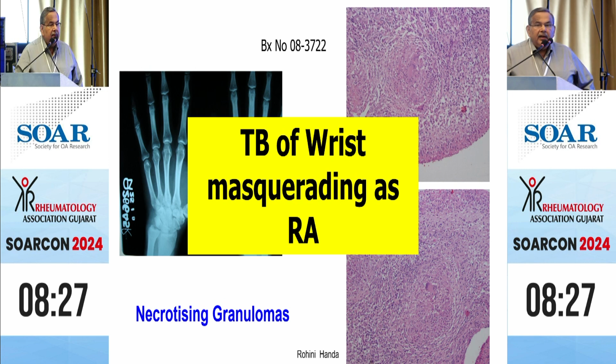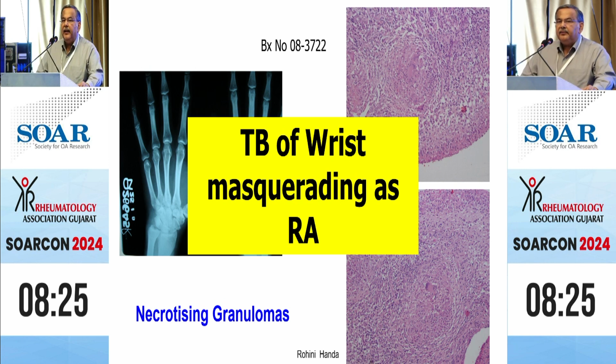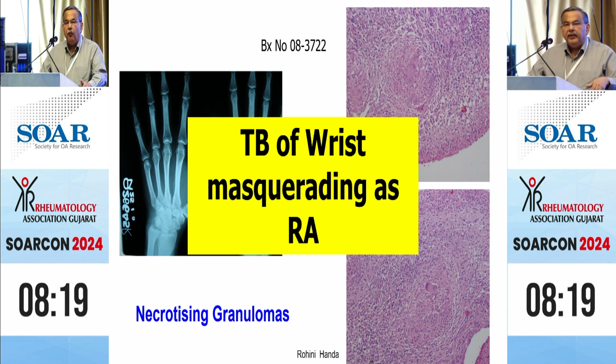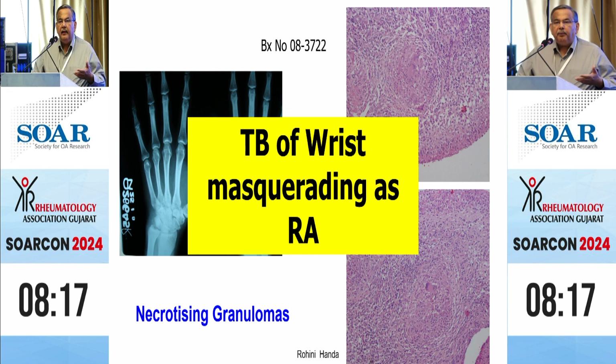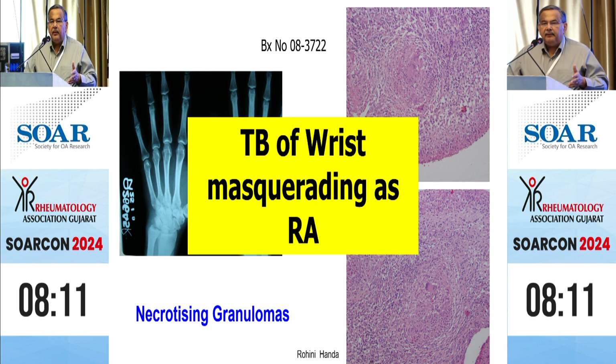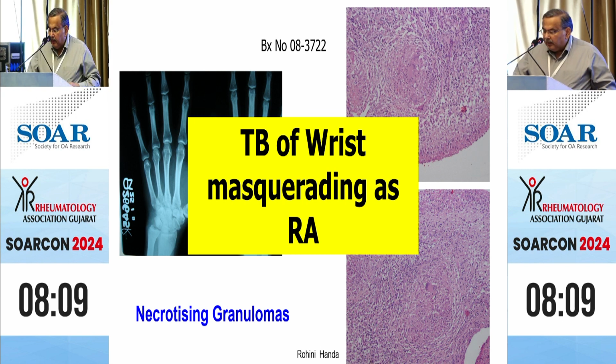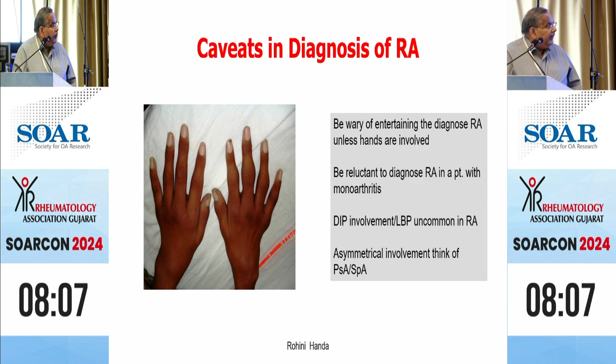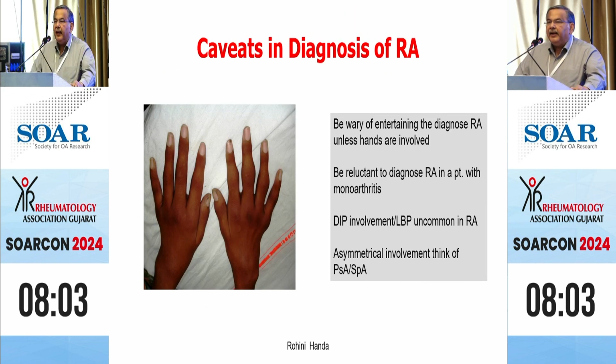This is tuberculosis of the wrist mimicking rheumatoid arthritis. Where the referring physician went wrong was that this patient was RF positive, and he thought that this patient has joint pains with rheumatoid factor positivity. He thought it's a straight case of rheumatoid arthritis, which brings us to several caveats.